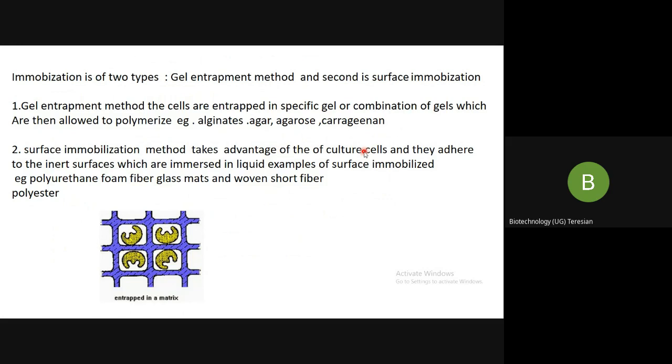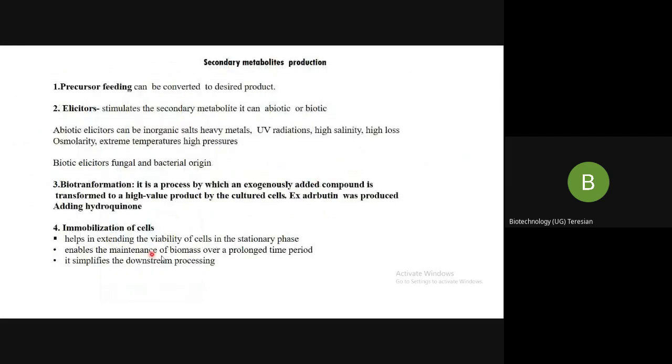They are inert. Your cell cultures just go and attach to the surfaces. Once they attach to these fibers, they become immobilized. They cannot move. Now the cells are trapped. So once the cells are trapped, I can bring about variation in the production of the secondary metabolites.